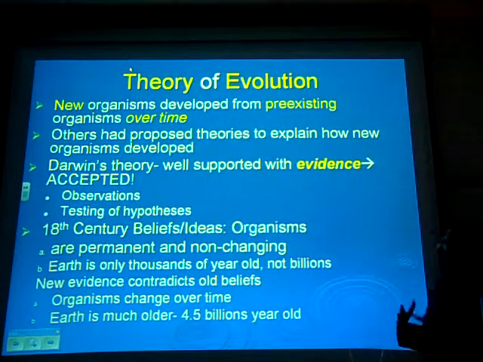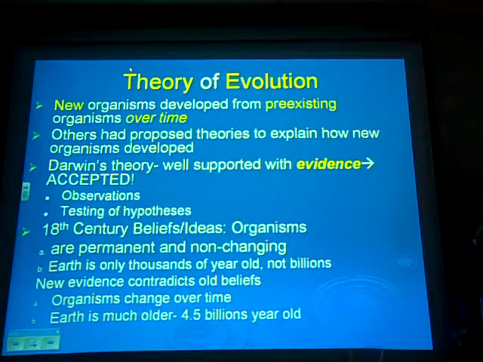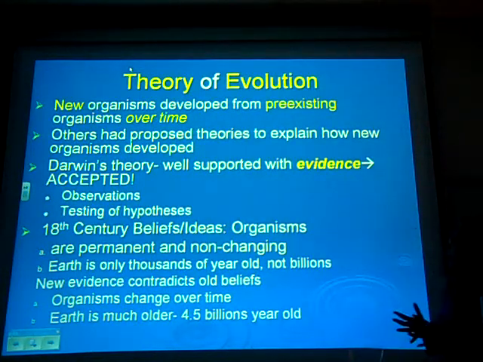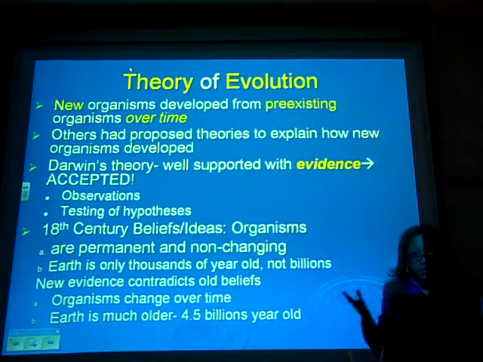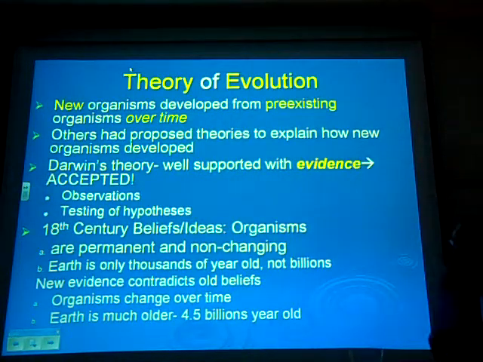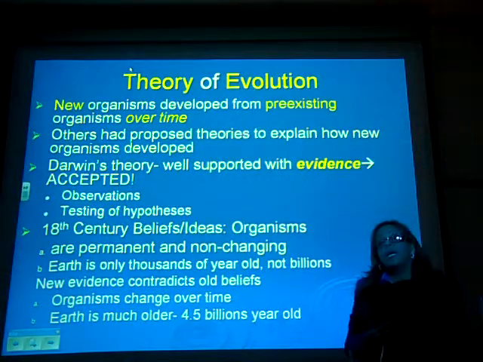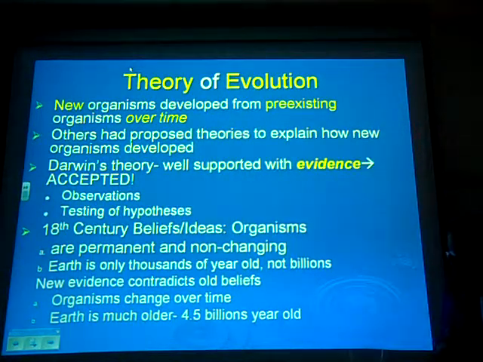Others had proposed similar theories to explain how evolution occurs. But why do we accept Darwin's theory today? The bottom line is the evidence. That's what science is about. Darwin's theory was accepted because of his evidence, and his evidence mainly came from observations and testing of hypotheses.